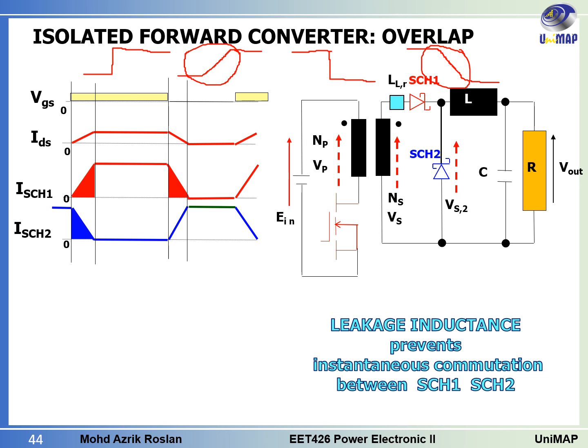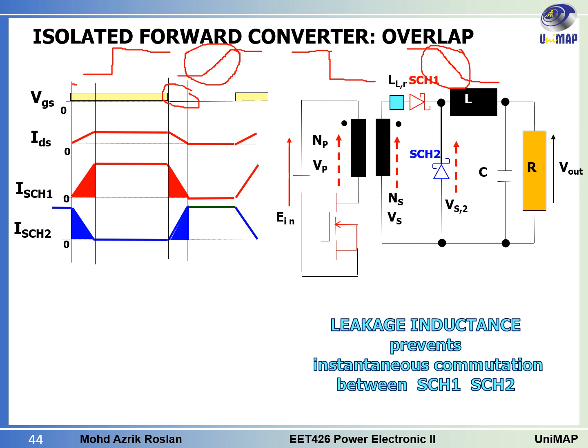Okay, and then another one we have at this point, when the transition between VGS on to VGS off. VGS is the voltage that we apply across the switch here. So we will have this effect at this point.